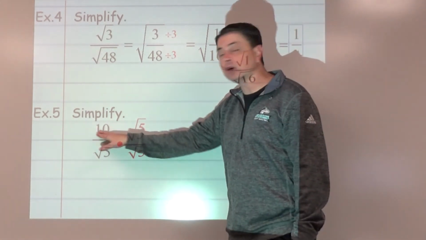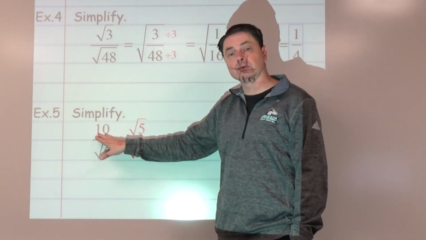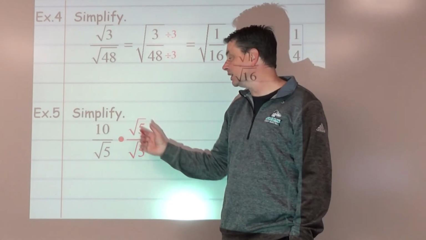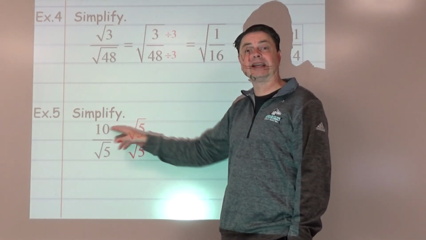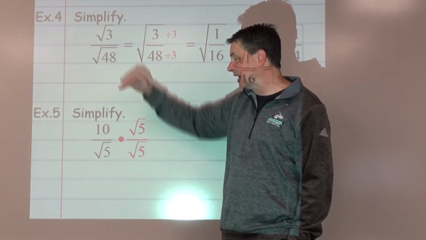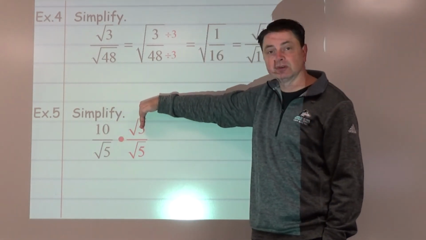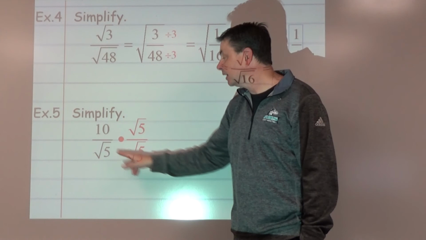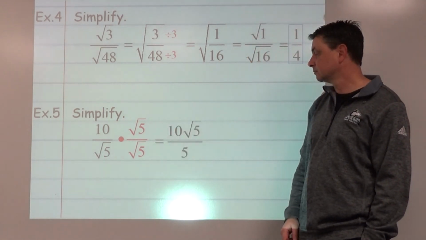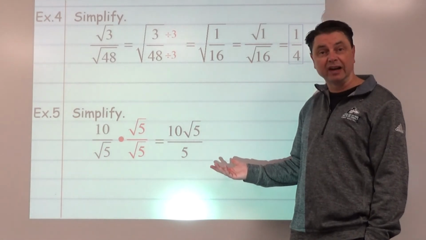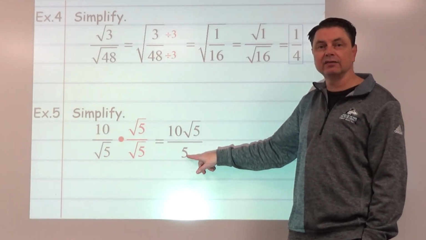Now, as far as what goes on top, this is not in a root, this is in a root. So we're not really allowed to multiply the 10 and the 5 together since they're in different places there. So we're just going to keep it as is, as 10 square root 5. And then on the bottom, square root of 5 times the square root of 5 is 5. Or if we thought of it as the square root of 25, which is true, that's still 5.